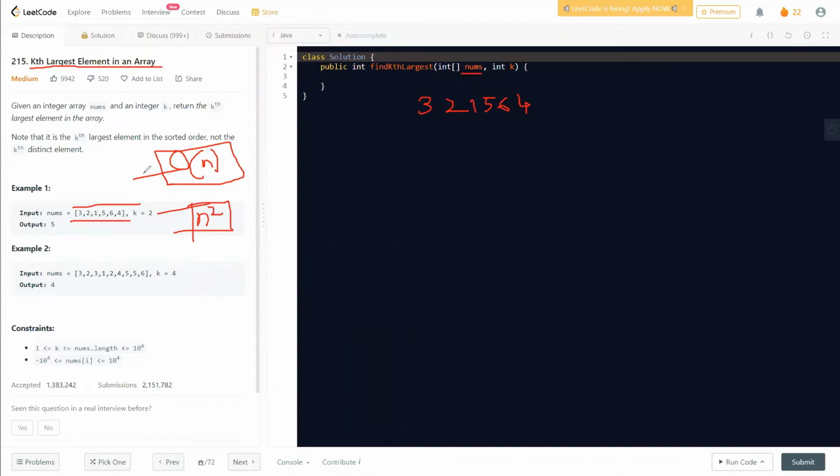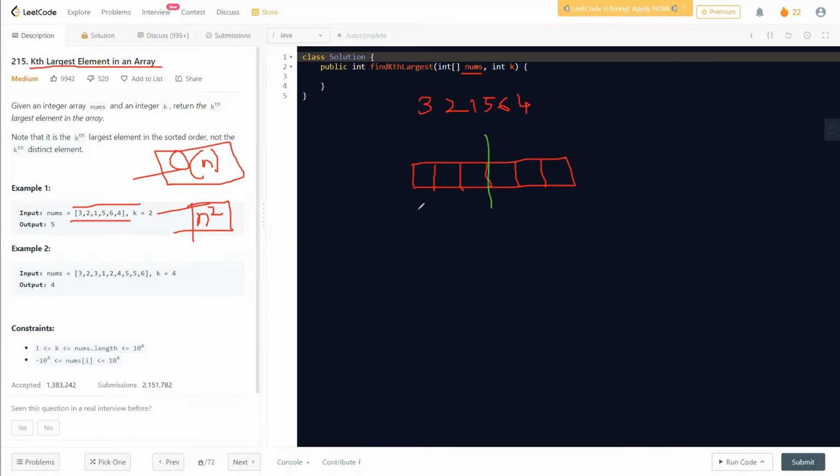As I said, the first thing is we need to partition our array. What is partitioning our array? Say we have an array like this, with elements over here, and we want to break this array into two parts.